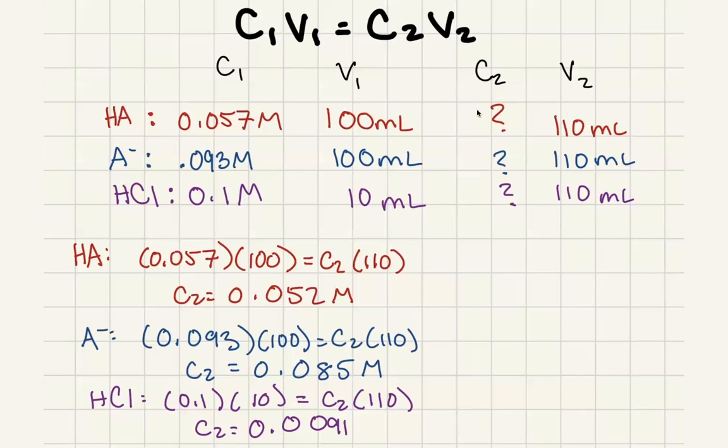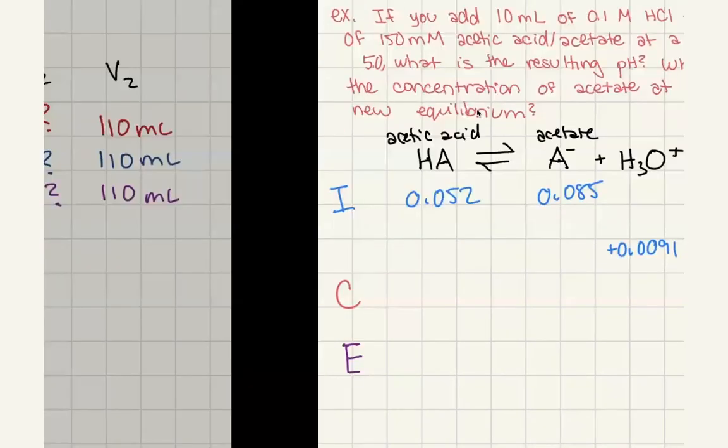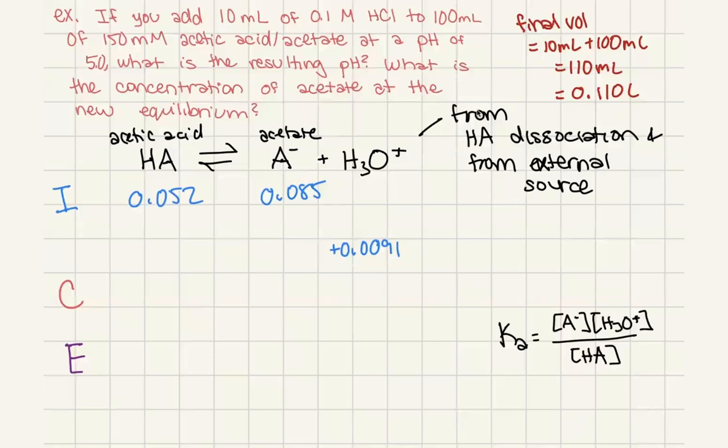But basically, we want to figure out what the molarity would be of these solutions when we initially mix them before they react. So we can get these values of 0.052 of our acetic acid, 0.085 of our acetate, and 0.0091 of our hydrochloric acid. And we can plug those into our ice table.